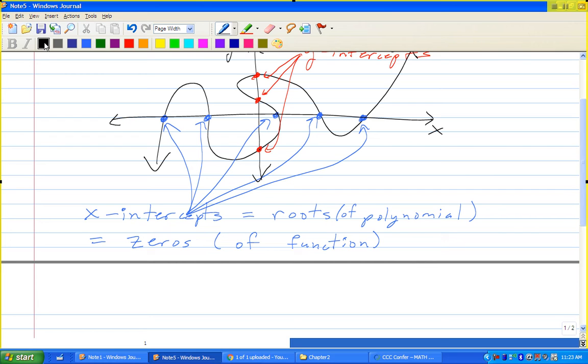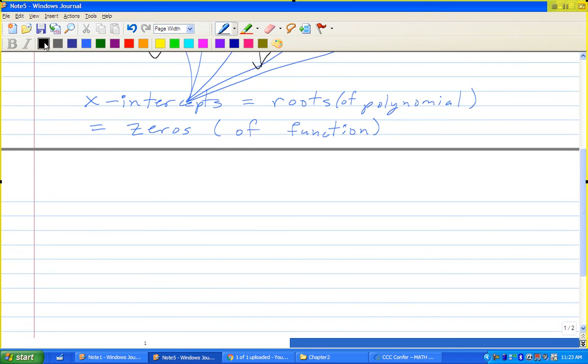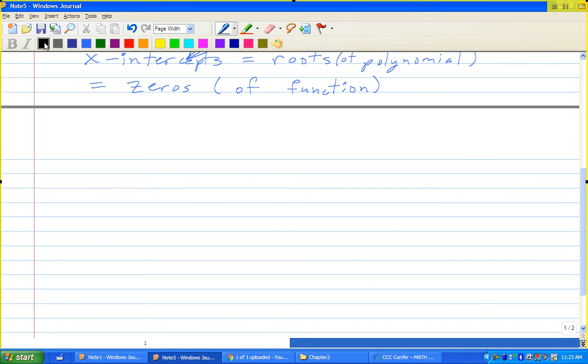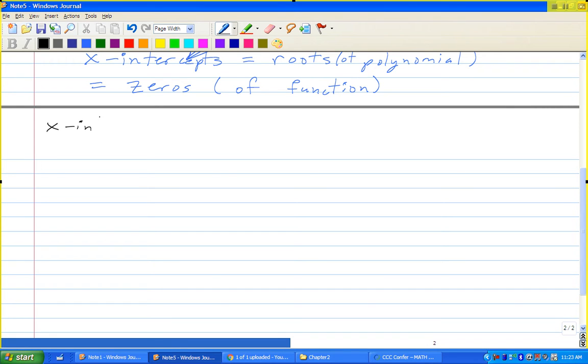So to find an x-intercept, you set y equal to 0, and then you solve the resulting equation for x.